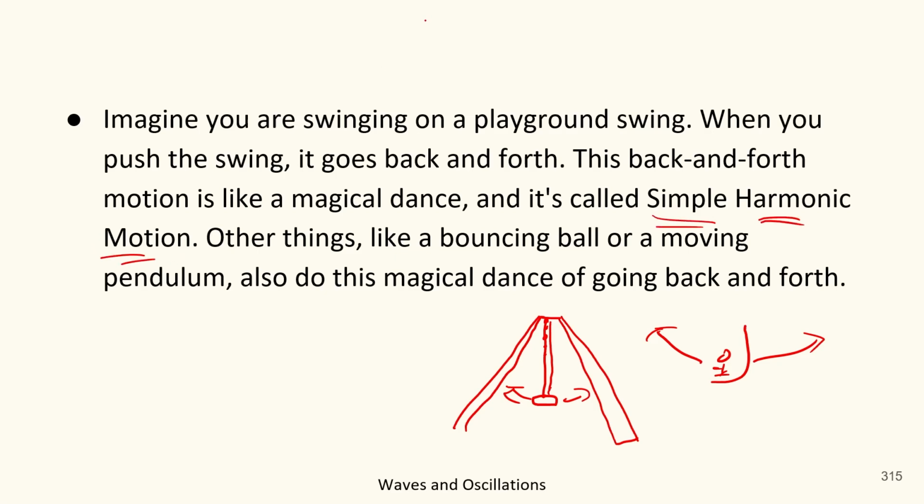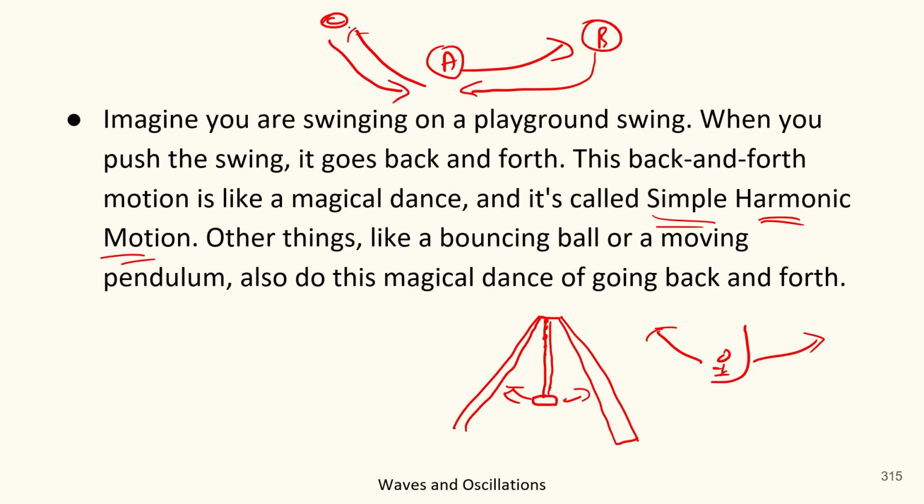because at one place when the swing is at rest, it's point A. When you push it in the forward direction, it will be point B. After some time, it will come back to A and then go to point C in the backward direction, and from point C we'll come back to point A. And remember, the force of displacement will be equal to the force of restoration.